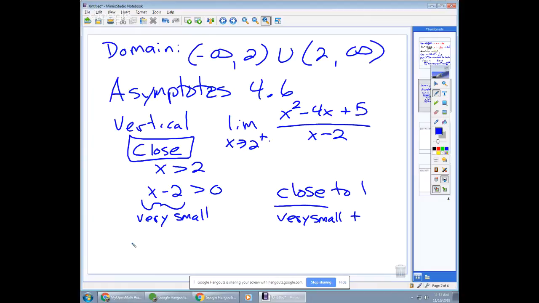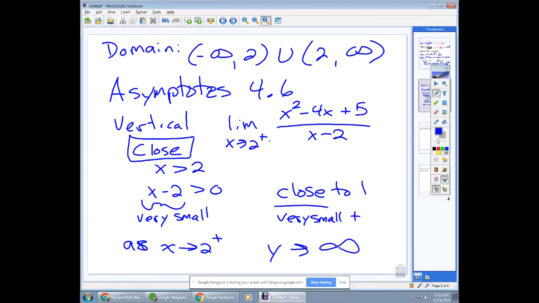Yeah. So as x heads towards 2 on the right side, y is heading toward infinity. Okay. Positive infinity, because 1 is a positive number, the denominator is a positive number. Okay. So I do have a vertical asymptote on the right side.